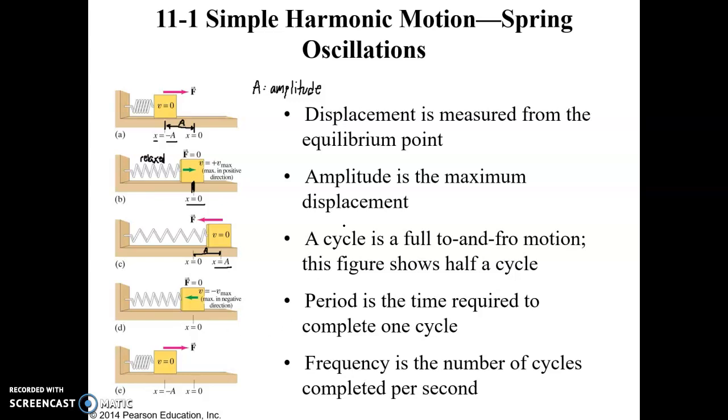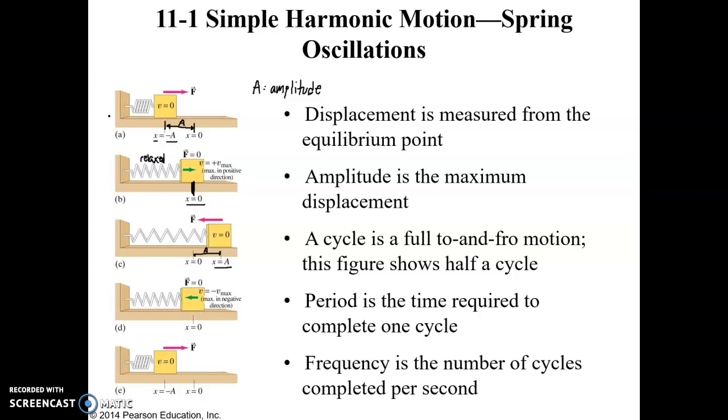Displacement is measured from the point where the spring is in its relaxed state, x equals 0. Amplitude is the maximum displacement. A full cycle is to and fro. If we started in the compressed state, the box would have to go out to the point where the spring is relaxed, then where the spring is fully stretched, then back to the relaxed point, and then back to the fully compressed point.